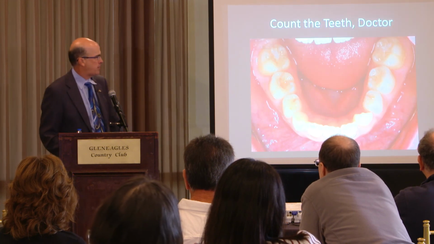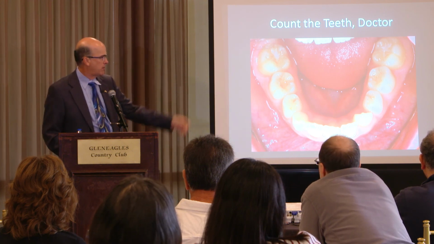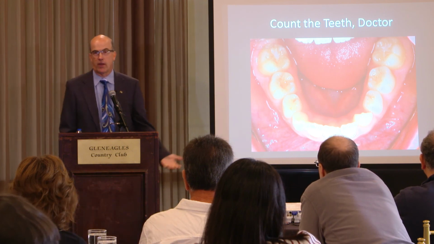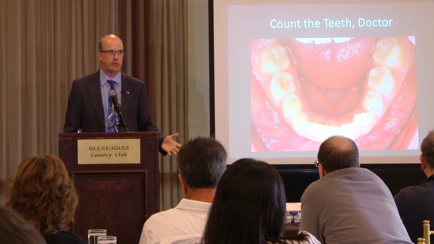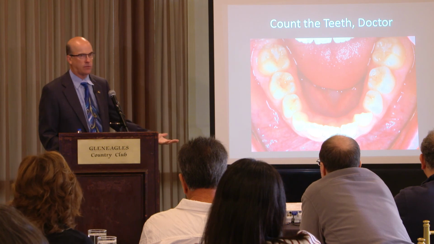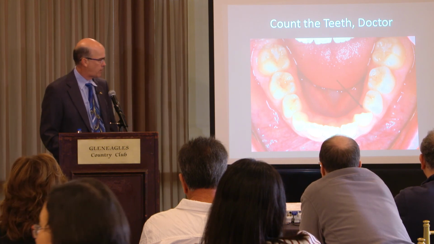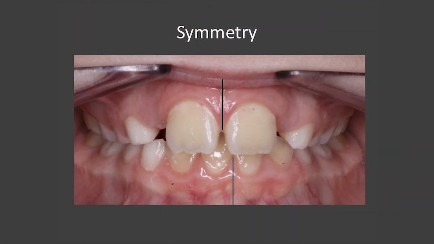There should be symmetry. This is a different patient from the one I showed earlier, but this is very common. The permanent teeth just don't have room to come in. That's dysmorphism, probably related to something functionally that occurred in this patient's background. Count those teeth. That's where the missing tooth is right there, in case anybody missed that. We're looking for symmetry.